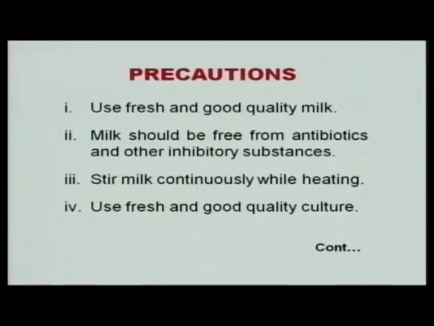So, this is the product and the precautions which we should take. A good quality product is essential and it should be free from antibiotics and other inhibitory substances, and only good quality milk should be taken.